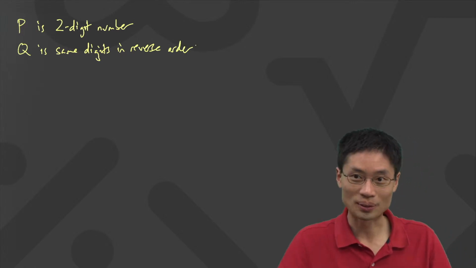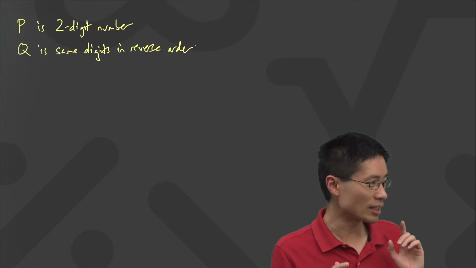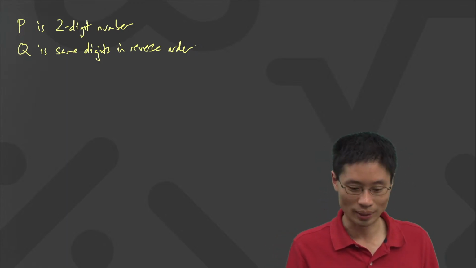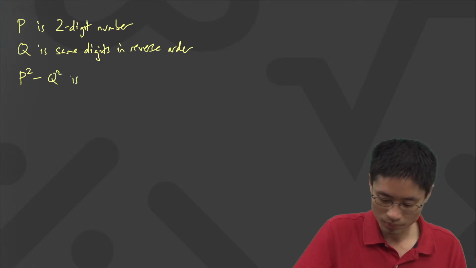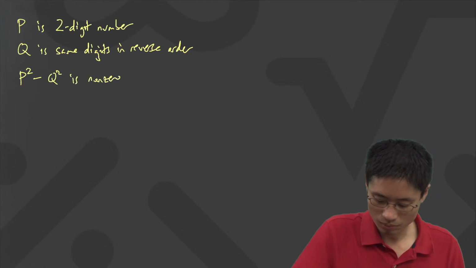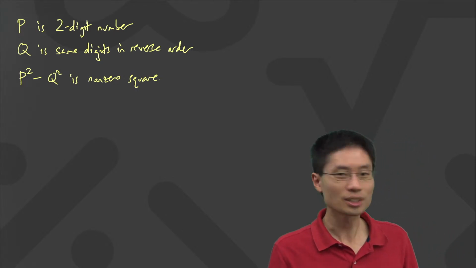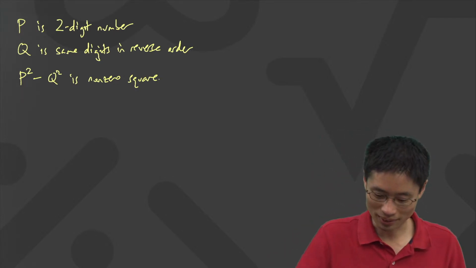These are always cute questions. Now it says that if I take p squared minus q squared, that's a non-zero perfect square. And the question is, what is the sum of the digits of p?